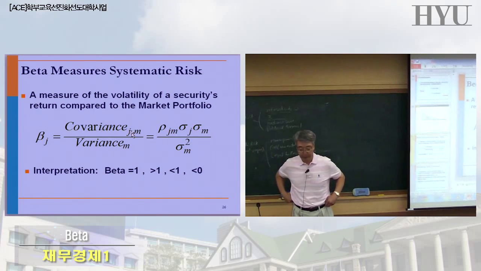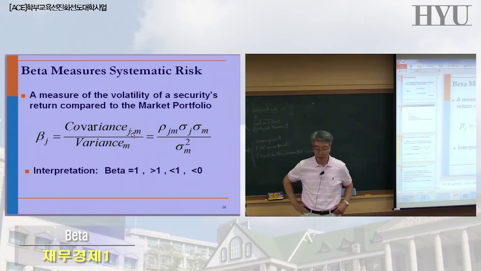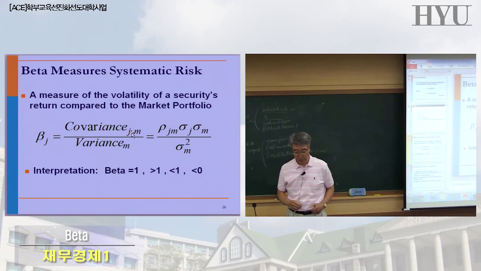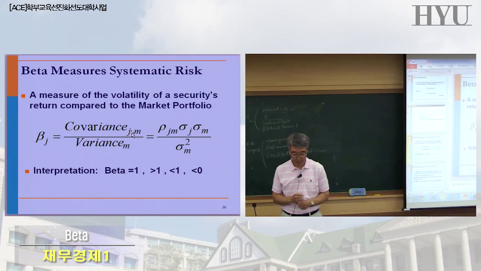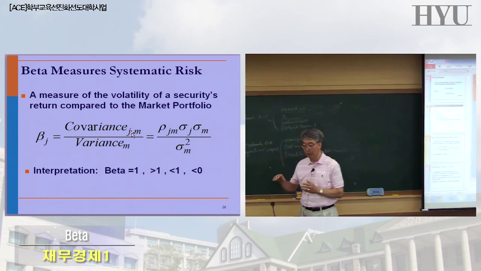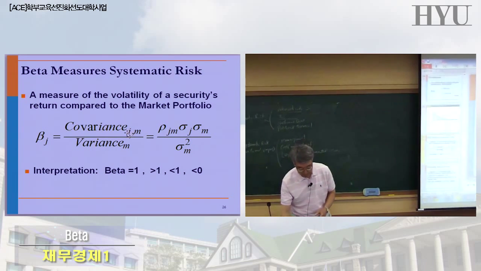Beta is a measure of systematic risk, or what we call market risk. Okay? So it shows the relationship between the stock price or return on one stock and the return on the market portfolio. Okay? So beta is the covariance divided by variance, okay?